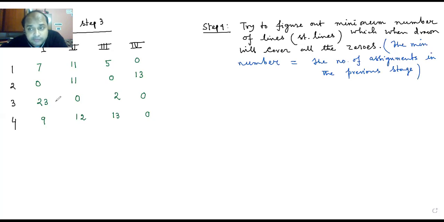So in the previous stage, we have got 3 assignments. So it is expected to get 3 lines, 3 horizontal or vertical lines, or a combination of horizontal and vertical lines, which will cover all the zeros.